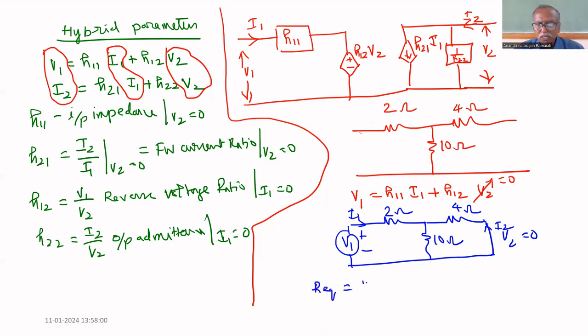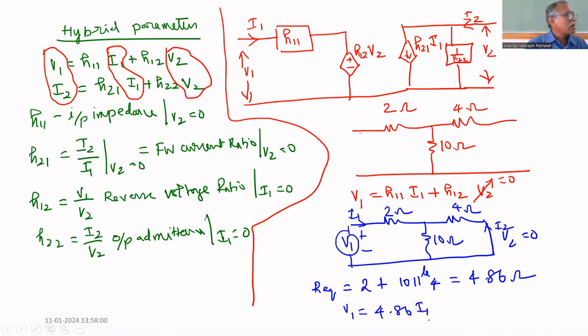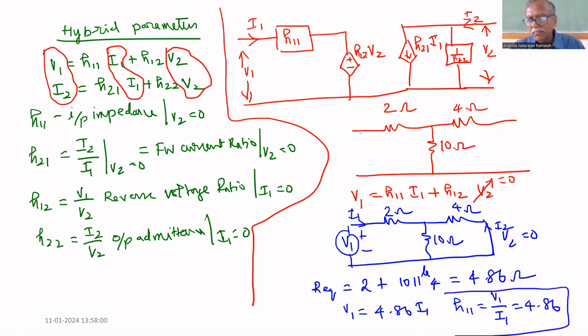R equivalent equal to 2 plus 10 parallel with 4 ohm, that is equal to 4.86 ohm. Therefore, V1 equal to 4.86 I1, and H11 equal to V1 divided by I1 equal to 4.86. We got one parameter.